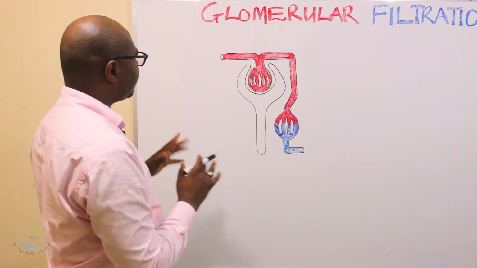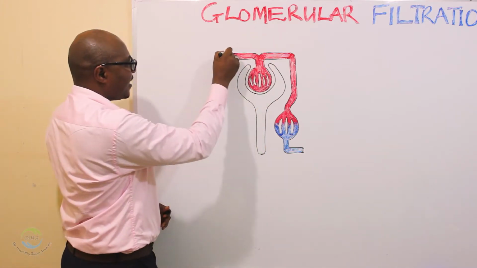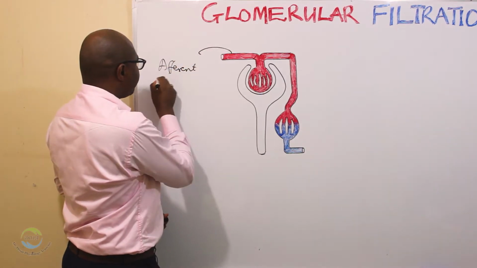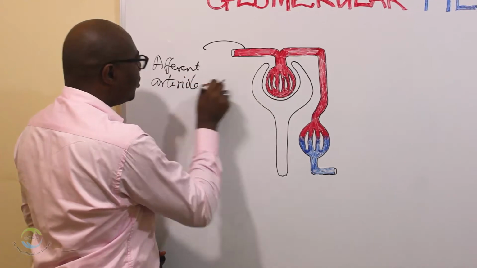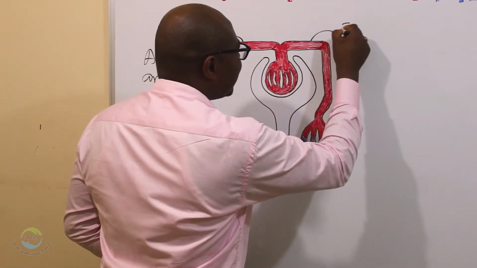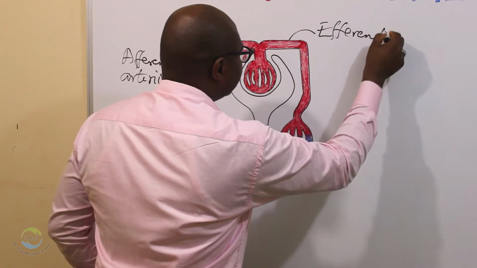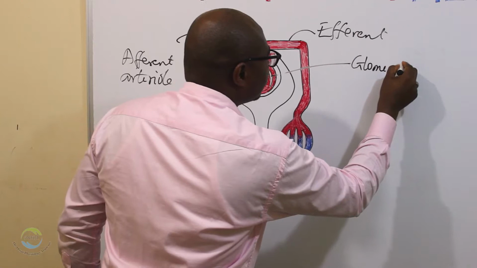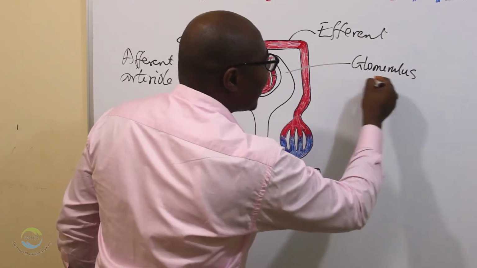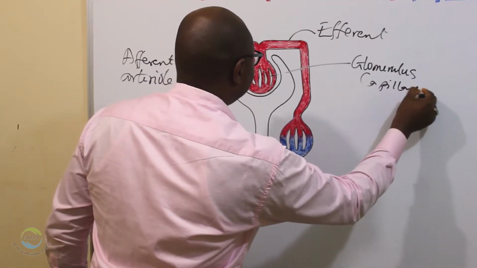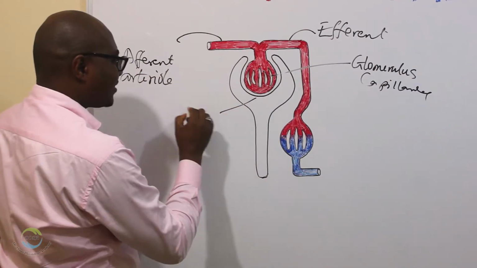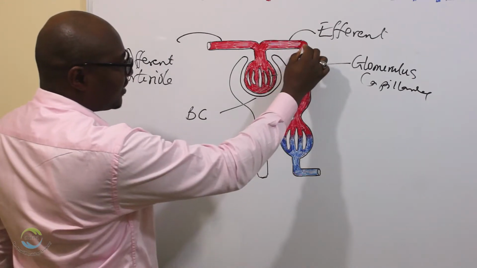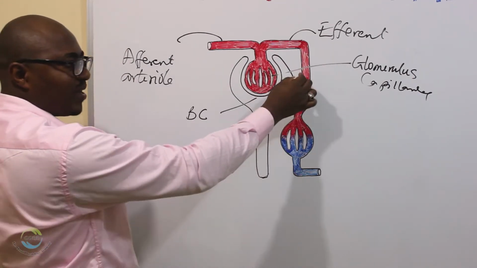So glomerular filtration. Now this here is the afferent arteriole, while this is the efferent. This is the glomerulus or glomerular capillaries. Here is the Bowman's capsule. After the efferent, it turns into peritubular capillaries.